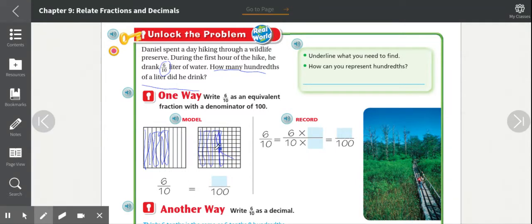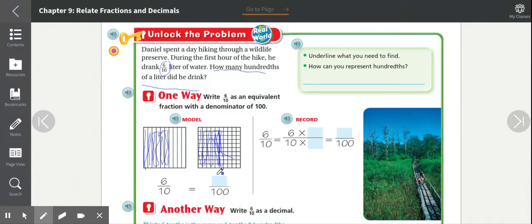So it's going to be the same amount shaded. Don't worry about that side over there. That was an accident. But so we have 10, 20, 30, 40, 50, 60. And then if we kept going, it would be like 70, 80, 90, 100. And that's our hundredth piece, right?